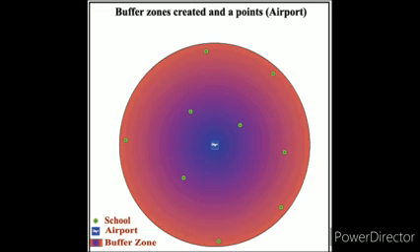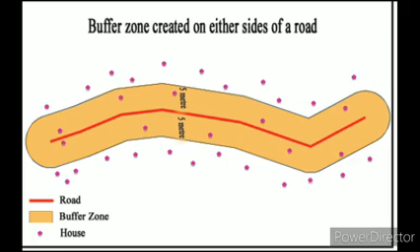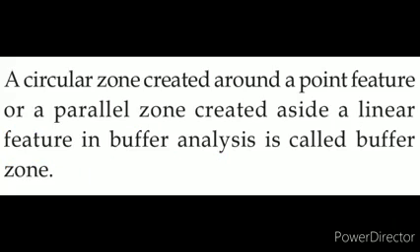This is the buffer zone created around a point, or an airport, school, seaport, etc. And the second picture gives the details of the buffer zone created on either side of a road. A circular zone created around a point feature or a parallel zone created aside a linear feature in buffer analysis is called buffer zone.